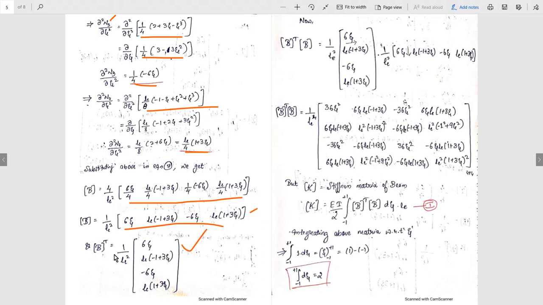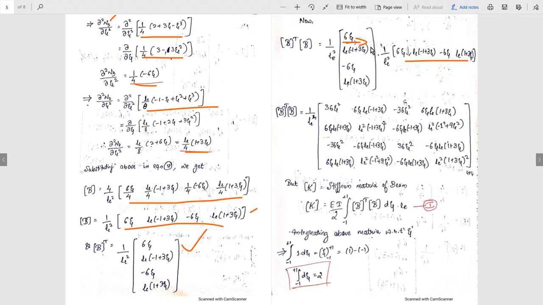Next we have to multiply B transpose into B. Don't forget to write 1 upon le square. So 1 upon le square, 6 xi, le minus 1 plus 3 xi, minus 6 xi, le 1 plus 3 xi, and same will be here. This is your B transpose, this is your B. So go on multiplying this.